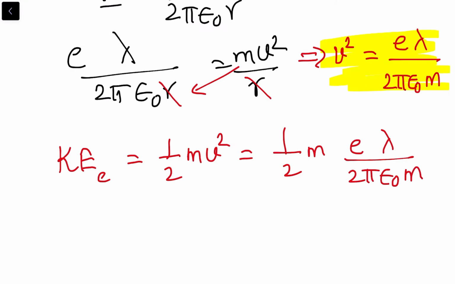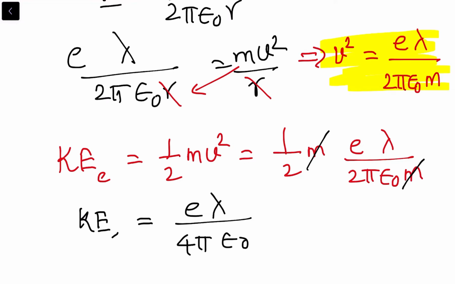Then m and m cancel. Finally you will get e lambda by 4 pi epsilon naught. This is the kinetic energy of the electron revolving around an infinitely long line of charge, with the line of charge as the center of the orbit. So this is the third problem which we have solved now.